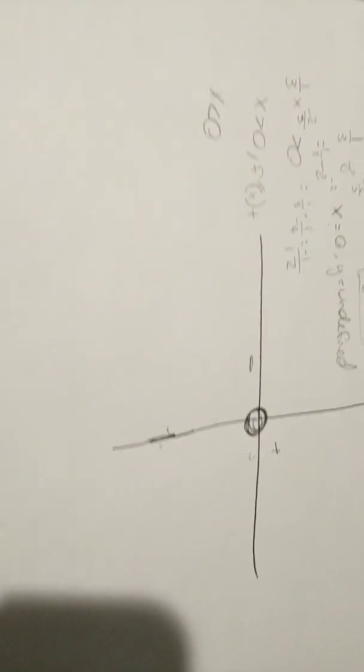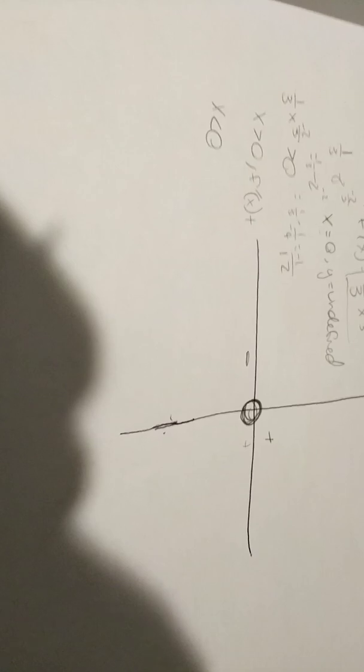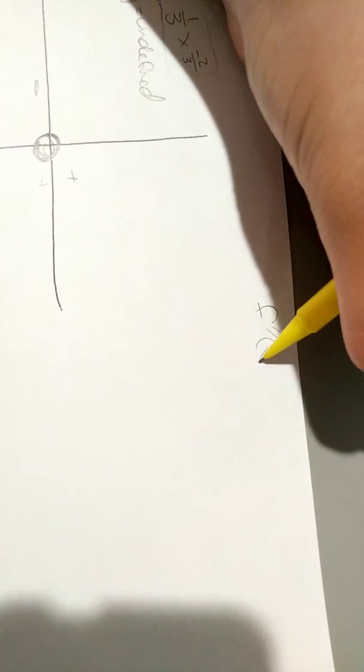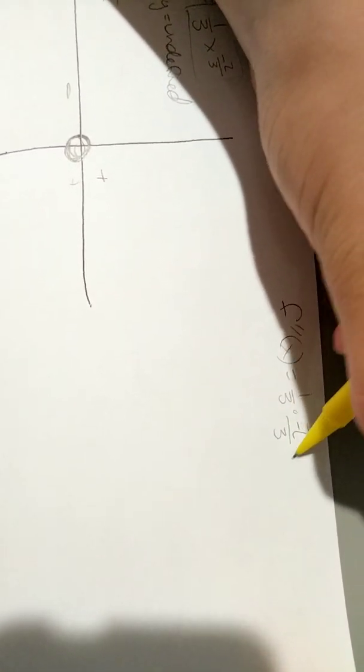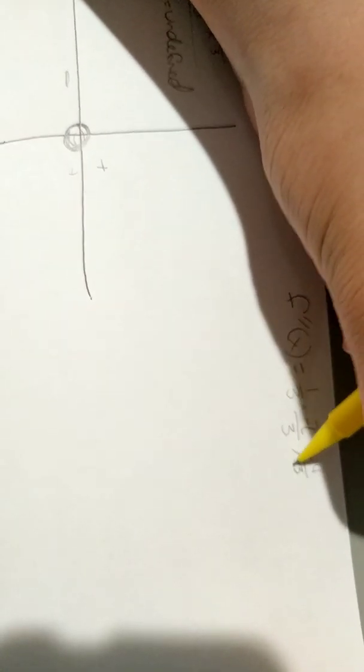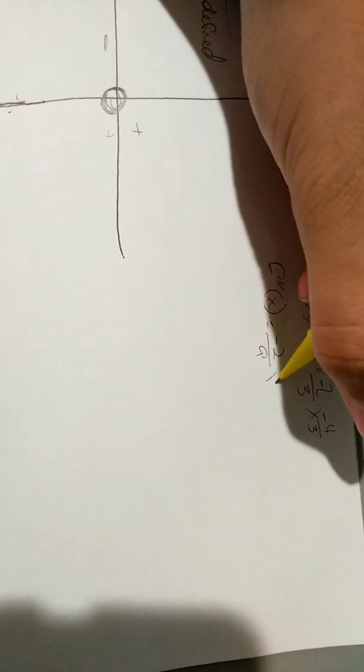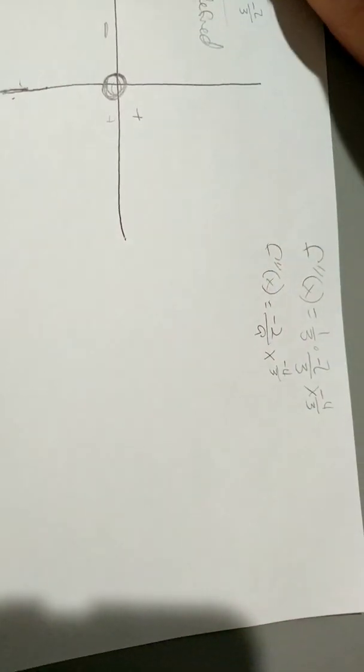Now what we need to analyze is the rate of change in slopes, and for that we're going to take the second derivative. So f prime prime of x is going to be equal to 1/3 times negative 2/3 x to the negative 4/3, which equals negative 2 over 9 x to the negative 4/3.